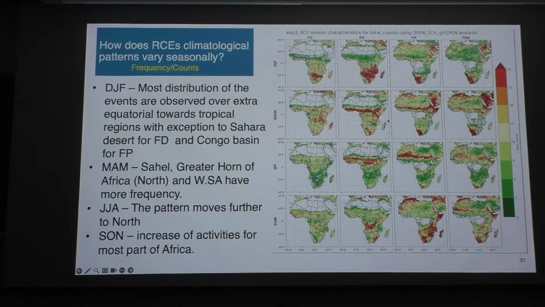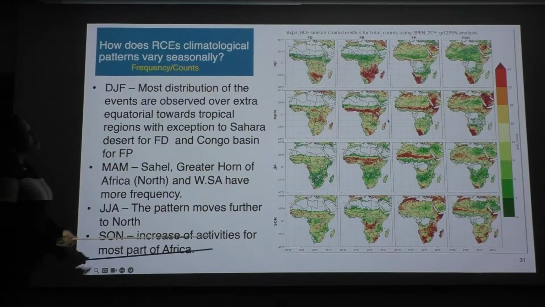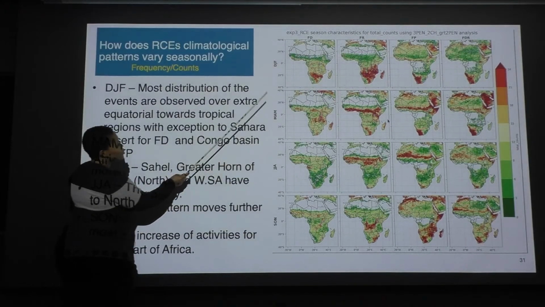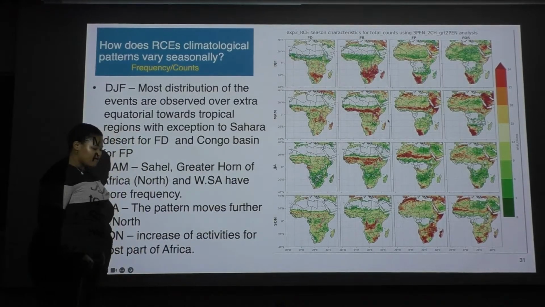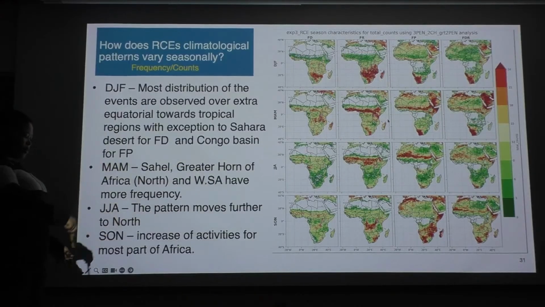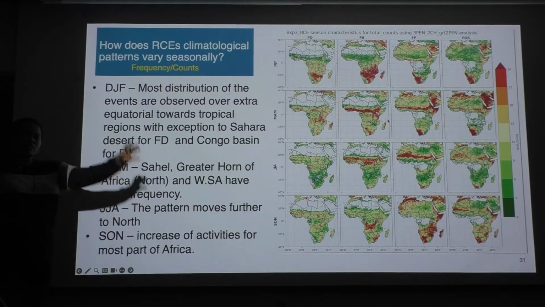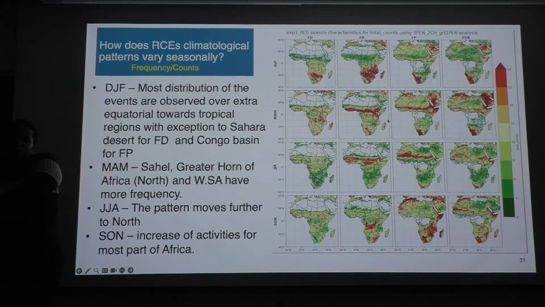Seasonally, there is the same trend as we increase our time scale: count and intensification rates decrease, but duration and severity increase. Now I want to show you how, as we remember for the annual cycle, it goes from south to north and then back to south.